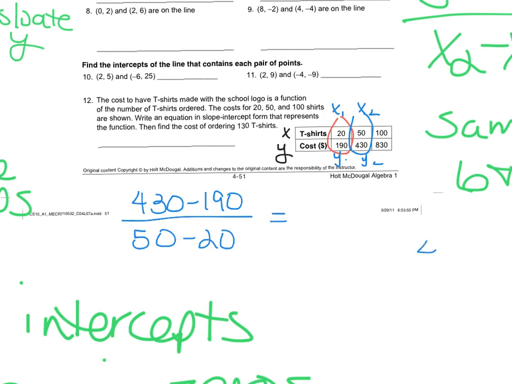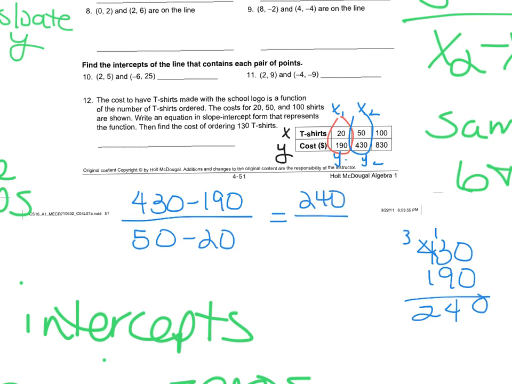I'm going to subtract 430 and 190, and I get 240. Then I'm going to subtract 50 and 20, and I get 30. I'm going to simplify that, and I get a slope of 8.